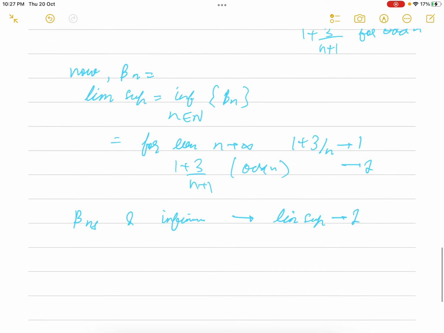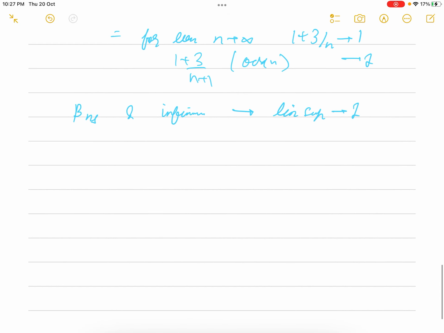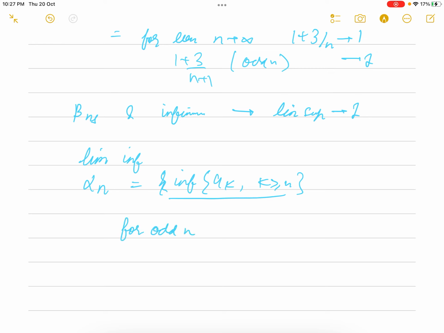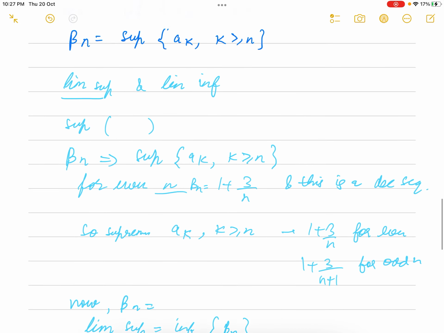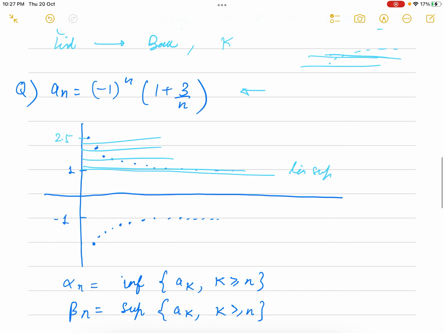Similarly, for limit infimum, we can calculate the set of alpha n's, which is the infimum of a_k where k is greater than or equal to n, and we know that for odd values of n, since we are calculating the infimum, this is going to be a negative number.